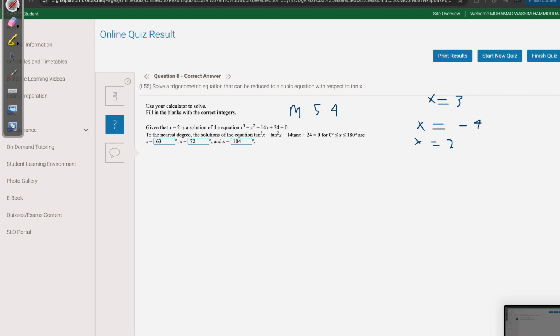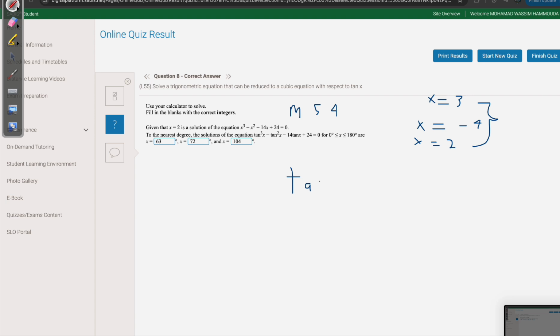And then let's read part B. To the nearest degree, the solutions of the equation tan cubed x minus tan squared x minus 14 tan x plus 24 is equal to 0 are. So now what we can simply do here is equate tan x to all of these, right?